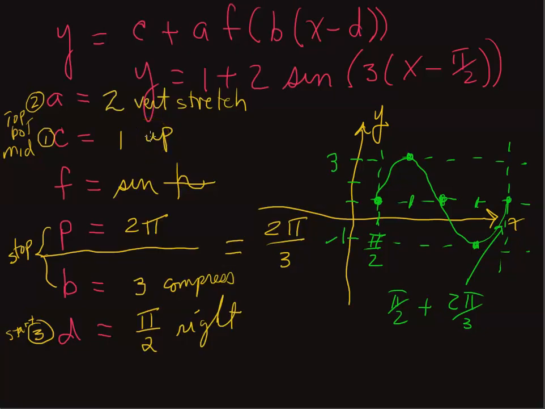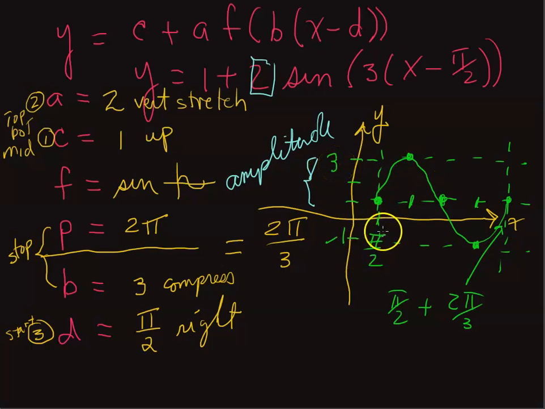One last thing about these trig functions, at least sine and cosine. The distance from the center to the topmost point, that is called the amplitude. It is really this value 2. That is the amplitude, from the center to the top, or the center to the bottom. The amplitude.